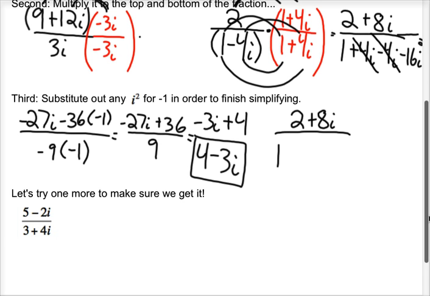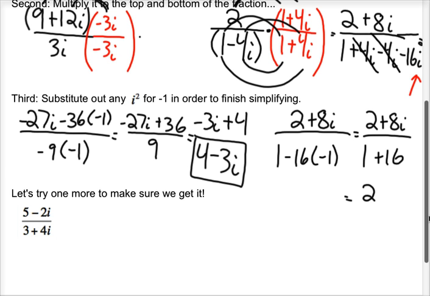And another critical thing to see, that i squared up there is going to be replaced with a negative 1. So really we have 2 plus 8i over 1 and now plus 16, or essentially 2 plus 8i all over 17.